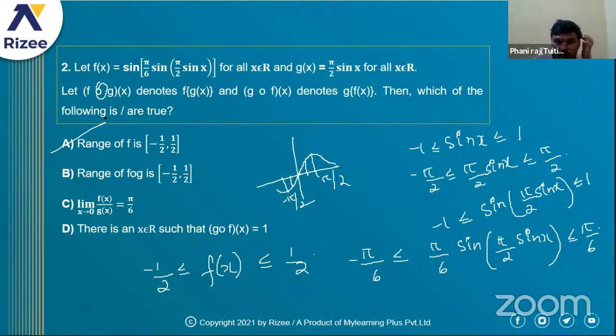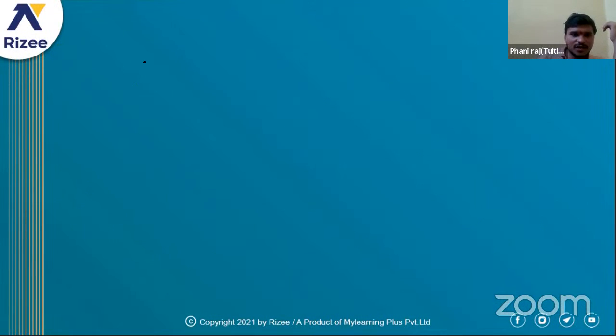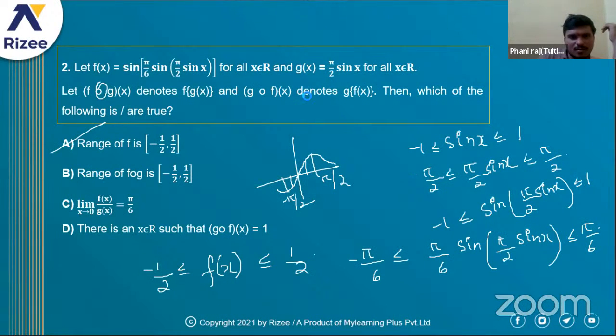Now we want to find the range of f of g. So we'll write f of g as sine of pi by 6 of sine of pi by 2 of sine x, that is sine of pi by 6 of sine of pi by 2 x. That's it. Pi by 2 sine x.